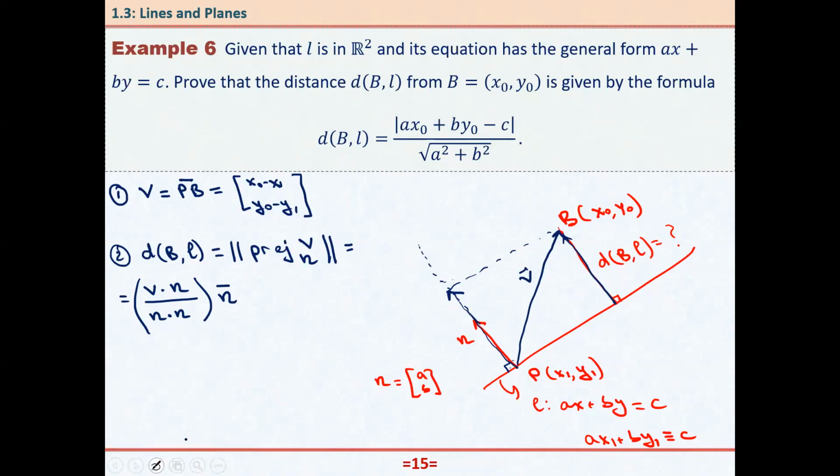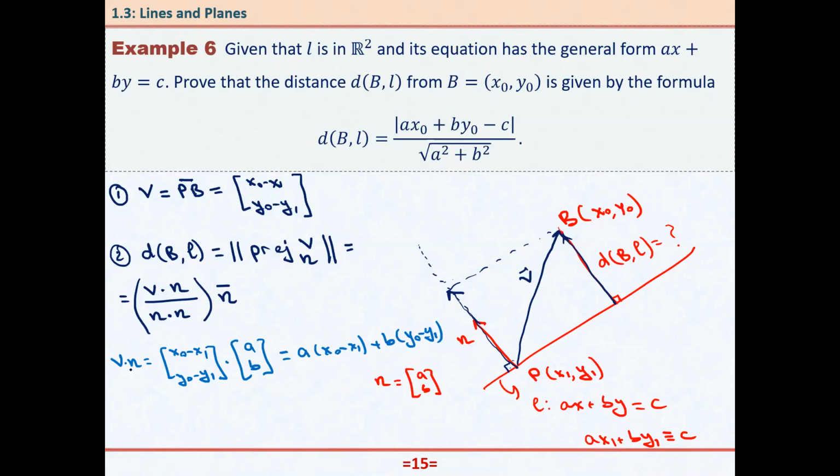V dot N equals x sub 0 minus x1, y sub 0 minus y1, dot, how about N? N is A and B, right? Which is equal to A times x sub 0 minus x1 plus B times y sub 0 minus y1.